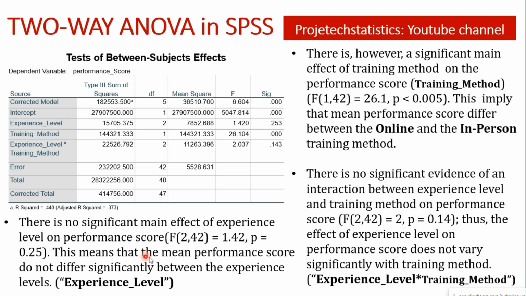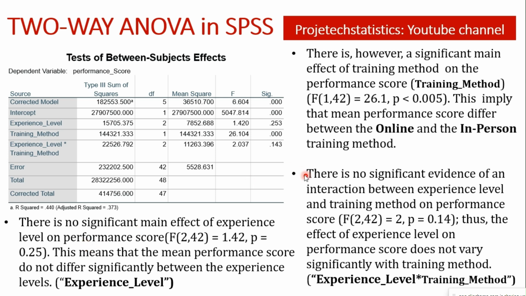So this means that the mean performance score does not differ significantly between the experience levels. So in the experience level, the mean performance score did not actually experience much change. So there is no significant effect of experience level on the performance score.